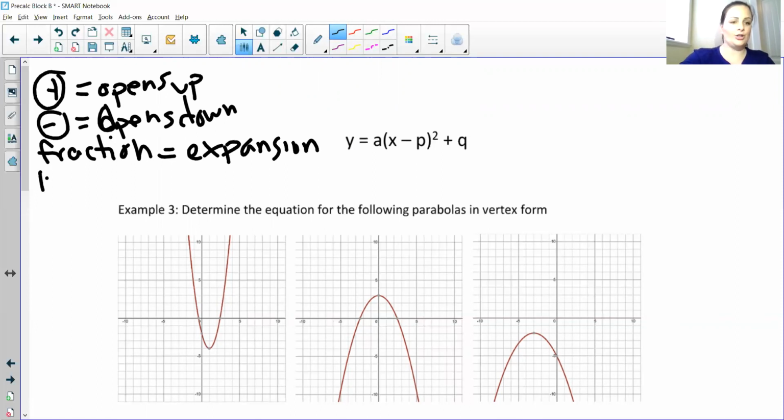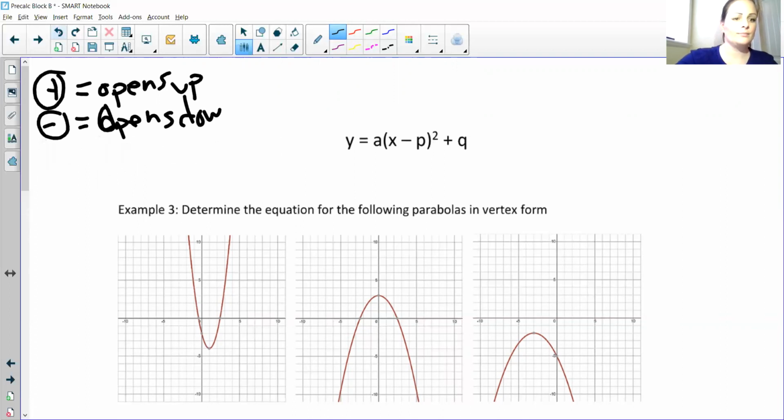And if it's an integer, meaning it's more than 1, actually I'm going to rewrite this in a different way. Opens down. If the absolute value of A is less than 1, so whether it's positive or negative, it's between 0 and 1, it's going to be expanded.